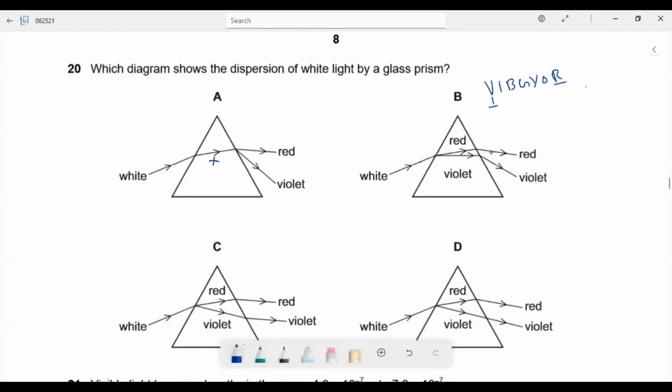Here it is not getting refracted inside the glass prism. This is actually right. It is getting refracted and red has least deviation, violet has most deviation. Here the deviation shown is not correct. Here the violet is not getting deviated. So these two are wrong. B is the right answer.